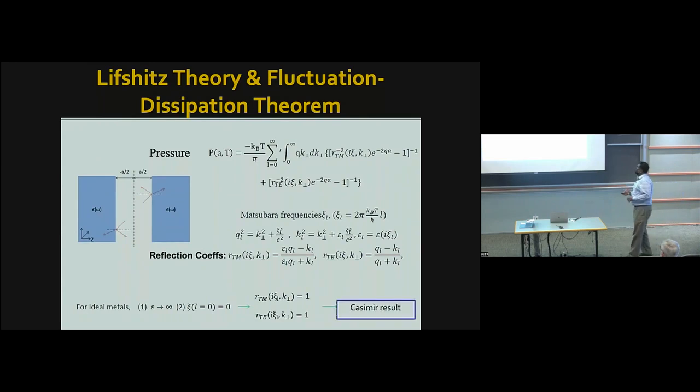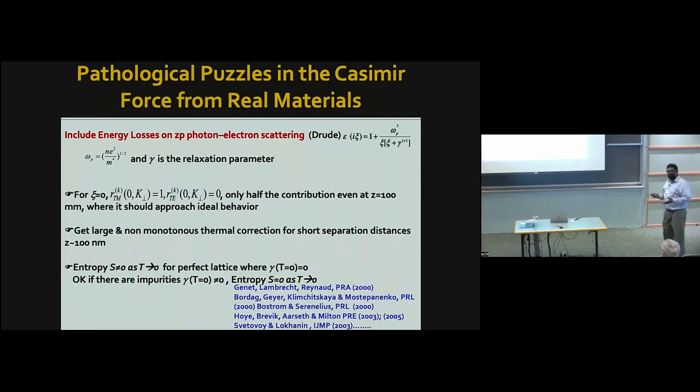But now you have to put in real parameters for real materials. You can do that from the tabulated values of the refractive indices and calculate the permittivity from that. When you go to the zero Matsubara frequency, which critically dominates at large separations, you have to extrapolate the data using the Drude model, which is the right description of material behavior.